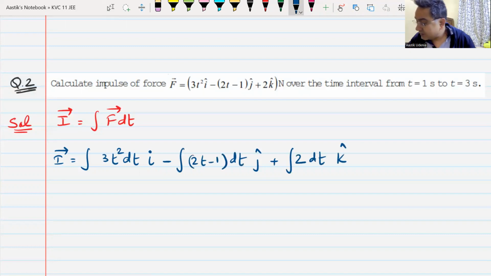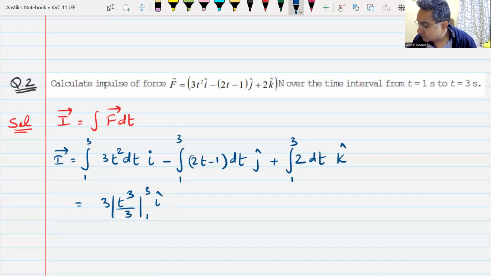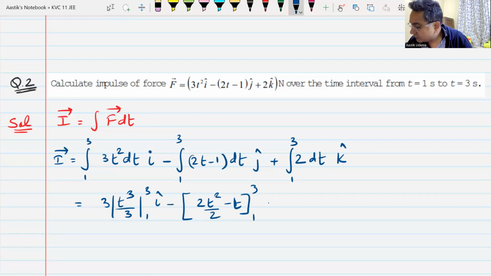I just have to integrate it from 1 to 3. So what will I get here? I will get 3t³ by 3 integrated from 1 to 3 with i, minus, here I will get 2t² by 2 minus t, integrated from 1 to 3 with j, plus 2 times t, integrated from 1 to 3 with k.